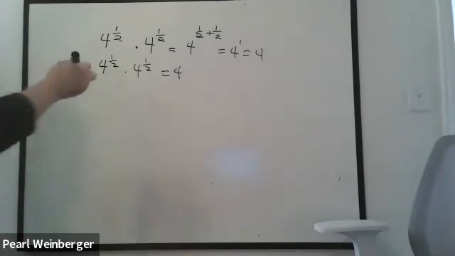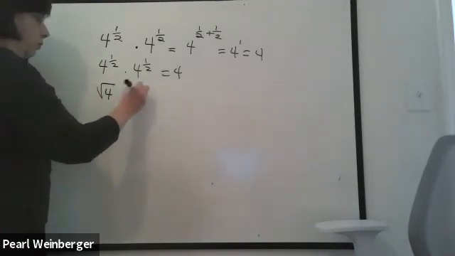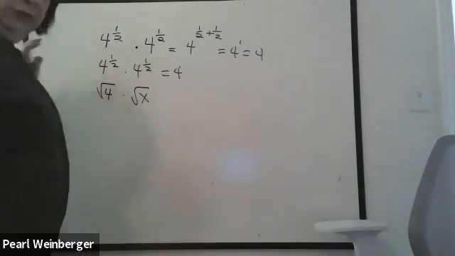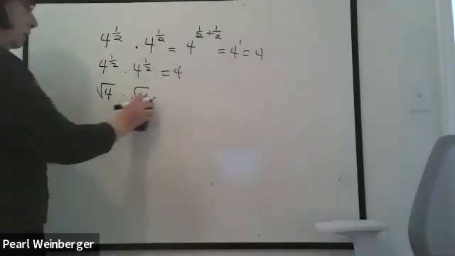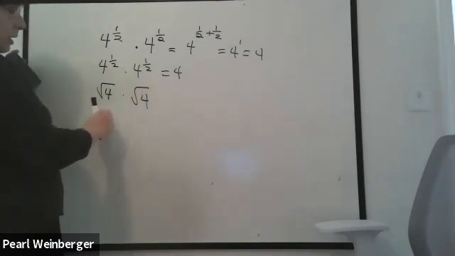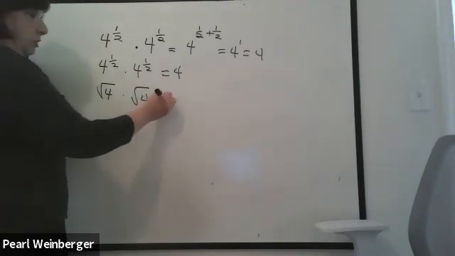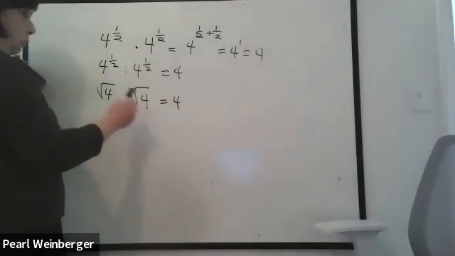Well, obviously it would have to be the square root of 4 times the square root of 4. Because I know when I multiply a square root by itself, it just gives me the number that's inside the square root.